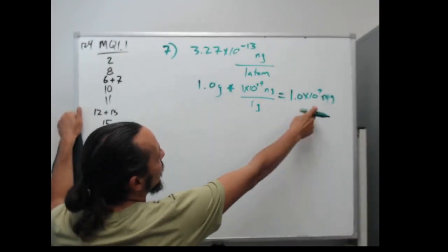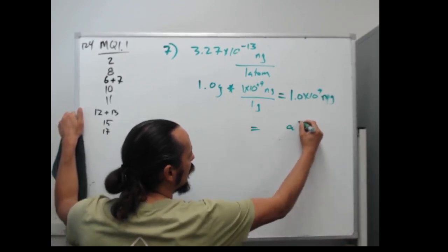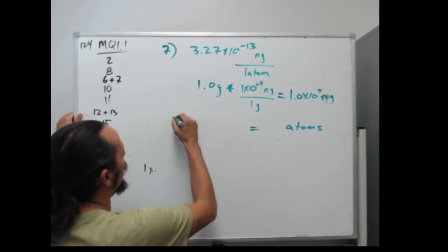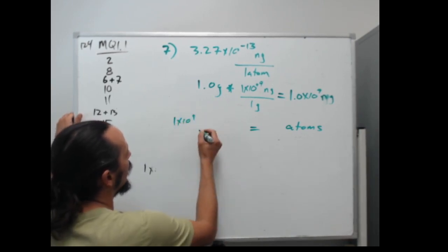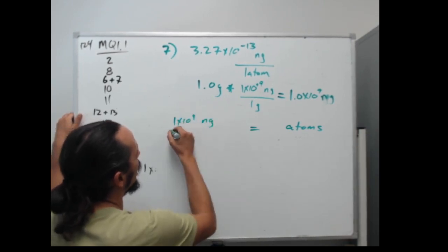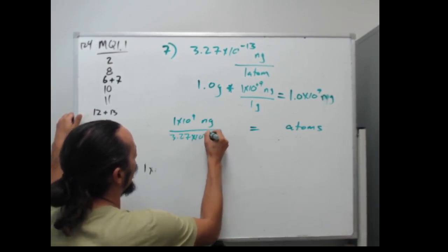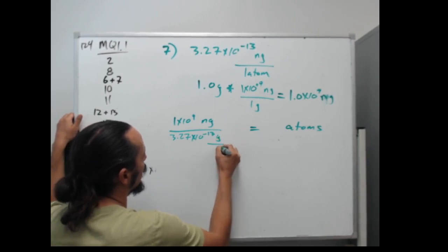Now I just need to get this to cancel out. I know I want this to be equal to a number of atoms. So I'm going to take my 1 times 10 to the 9 nanograms, and I'm going to divide by 3.27 times 10 to the minus 13 nanograms per an atom.